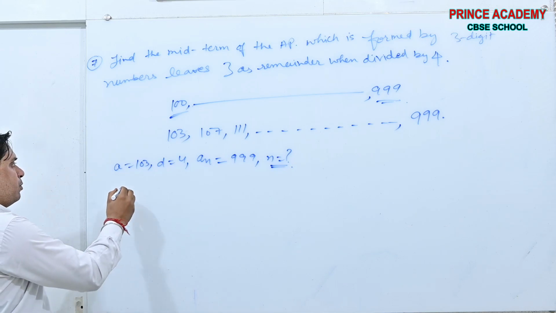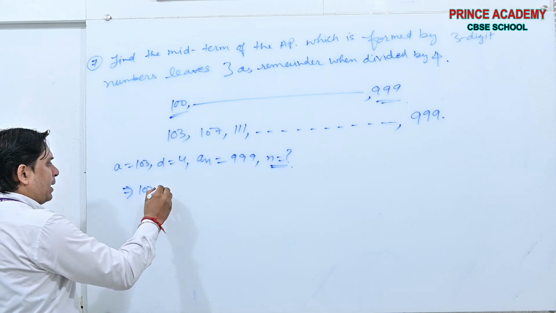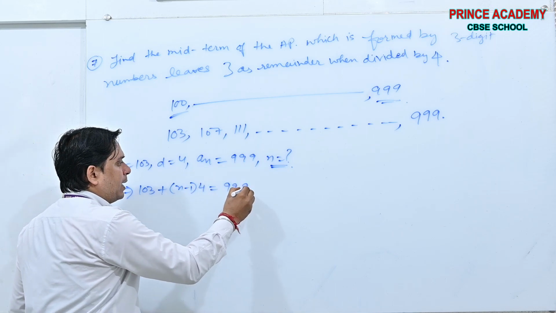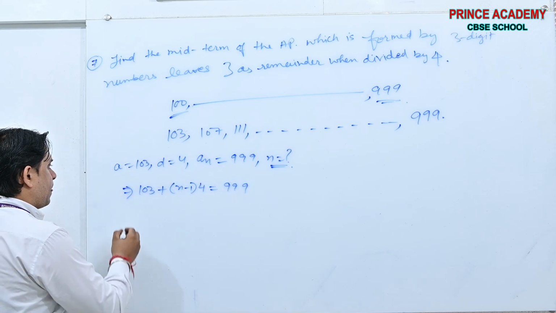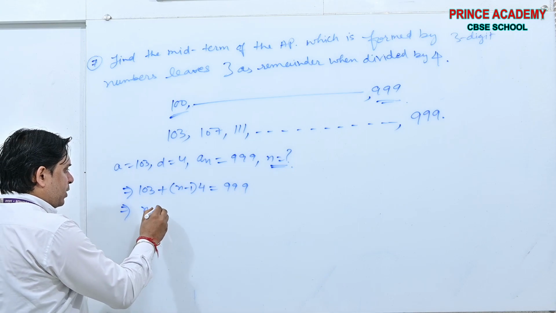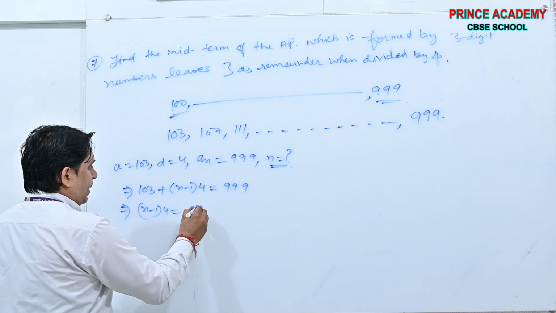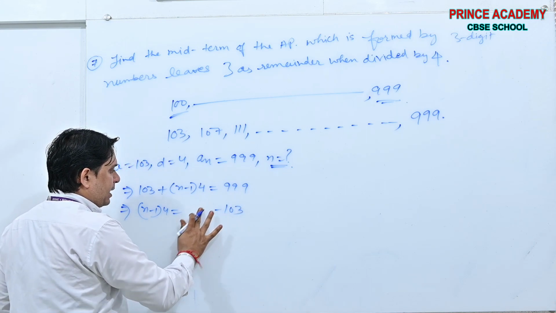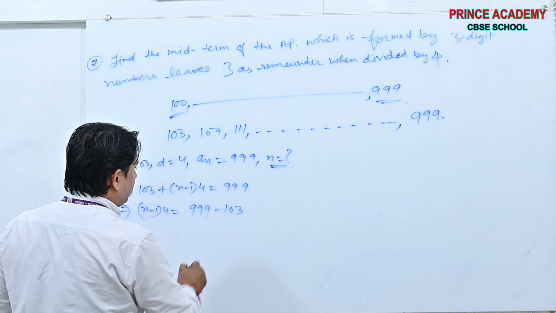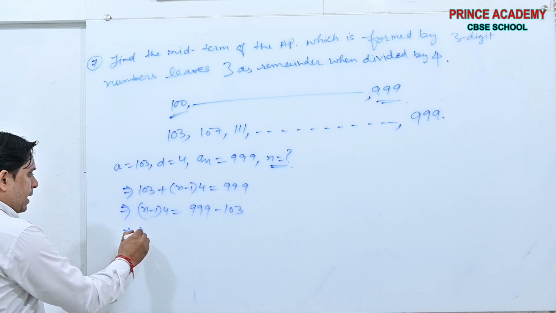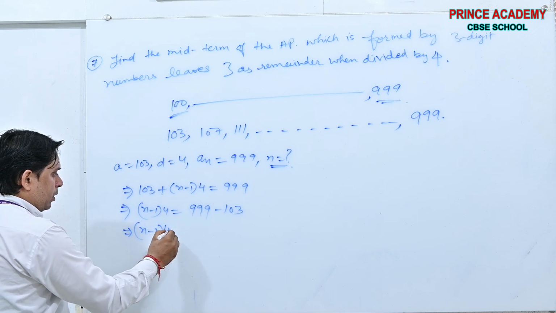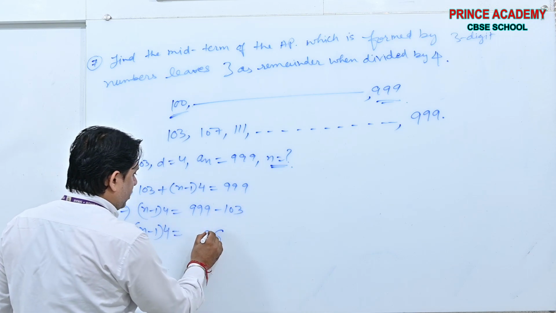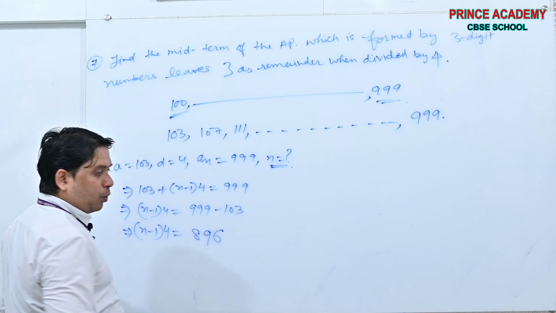The general term formula is a plus (n minus 1) into d, equal to the triple line value. So (n minus 1) into 4 equals the triple line value minus 103.